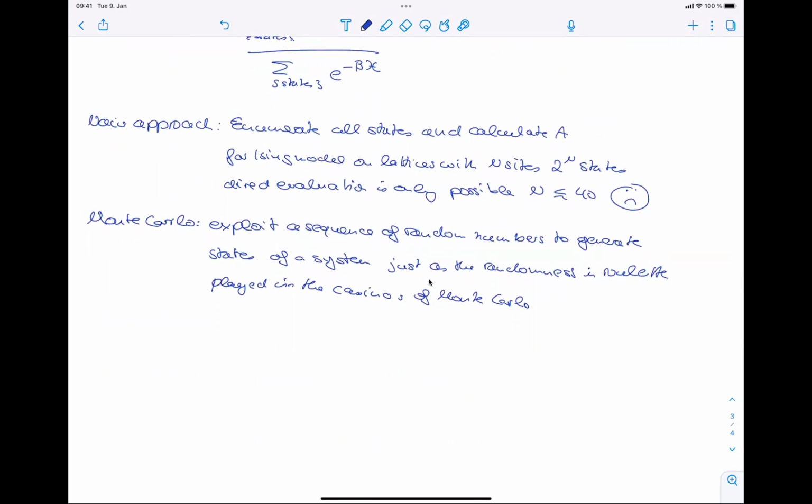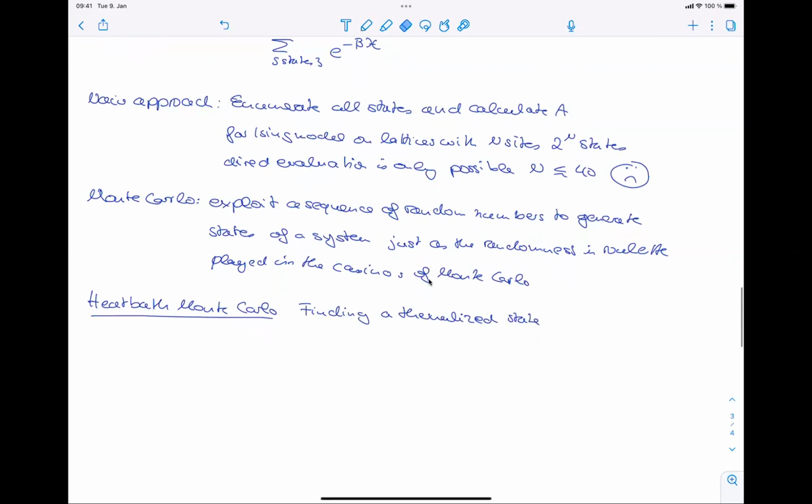All right. Okay, so we want to use the random numbers, and the easiest approach is a so-called heat bath Monte Carlo. And the idea is that we want to find a thermalized state, and we would do it in the following way.